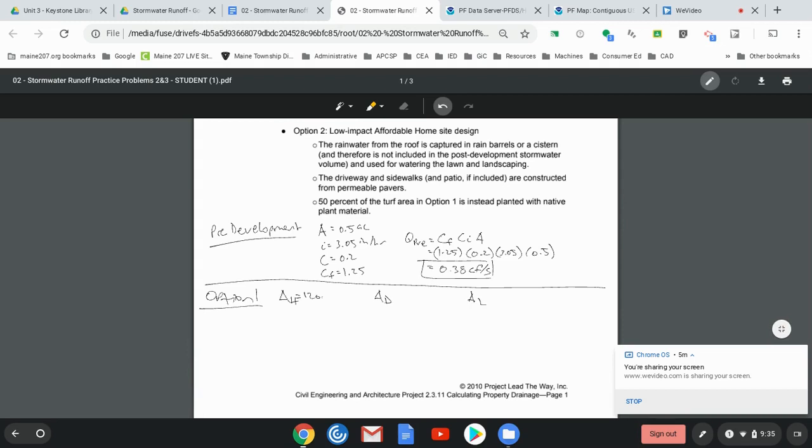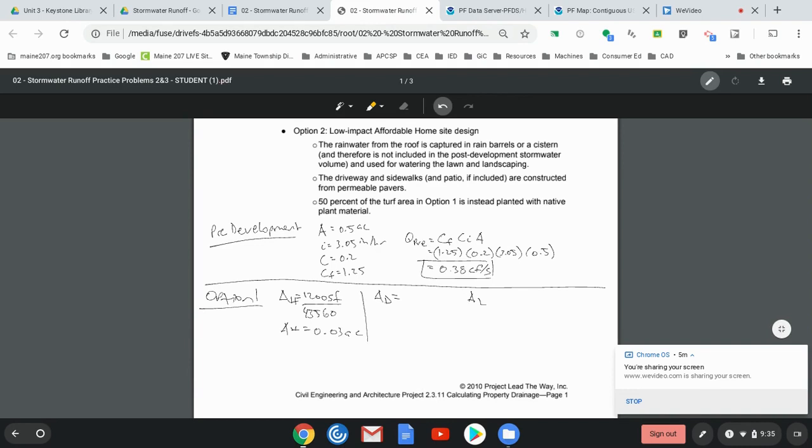We know the house is 1,200 square feet divided by 43,560, which is approximately 0.03 acres.